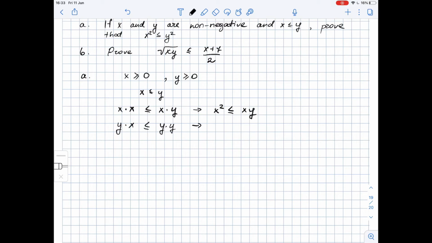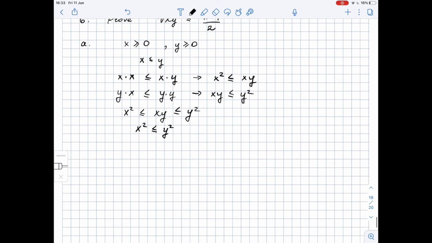So we get that xy is less or equal to y squared. So we can rewrite it as x squared is less or equal to xy, while xy is less or equal to y squared. So we get that x squared is less or equal to y squared. So we have proved the inequality.